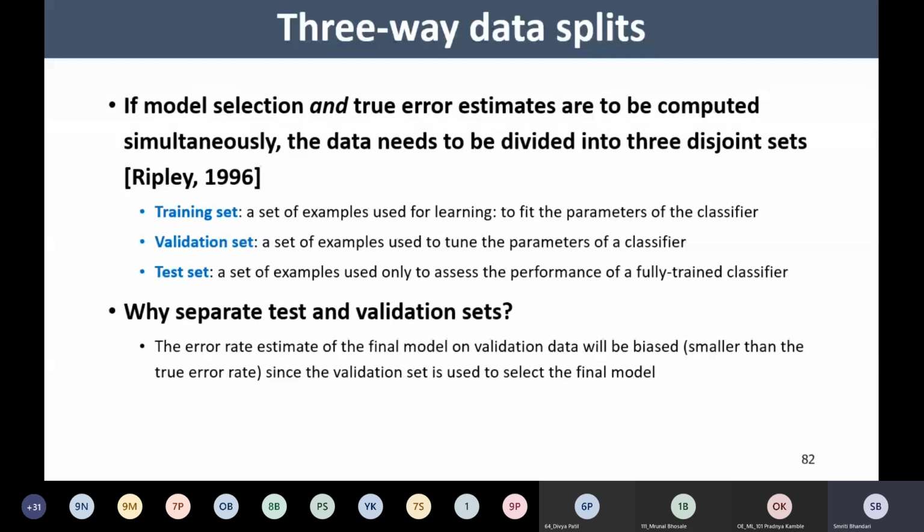So there might be some issues with the actual error rate estimation if we use only one set for testing the performance.